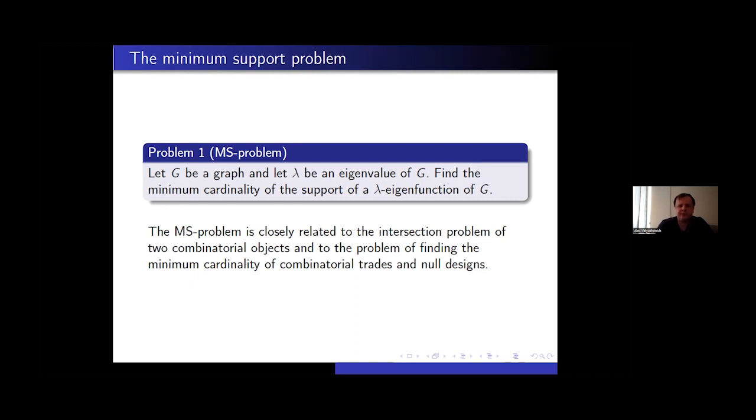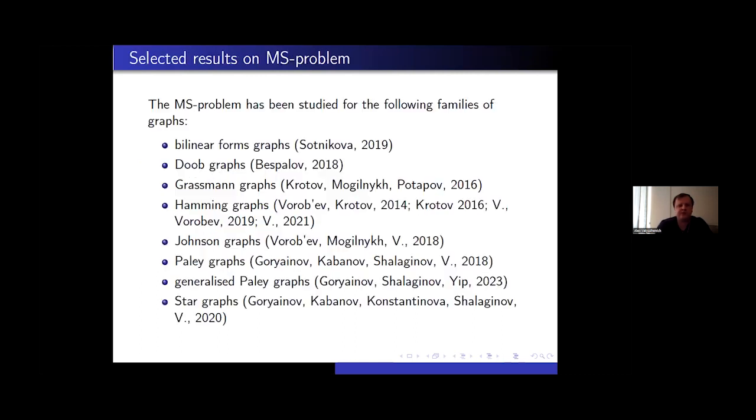Okay, now let me briefly discuss some results on the minimum support problem. The minimum support problem is studied for various families of distance regular graphs and Cayley graphs on the symmetric group.